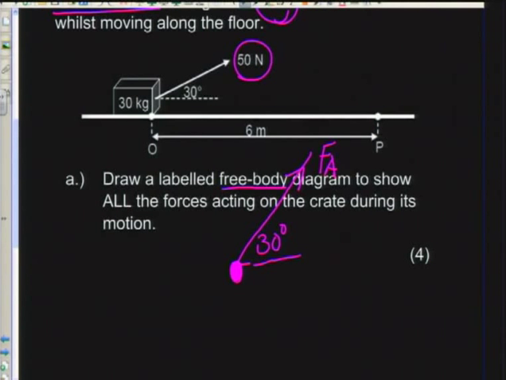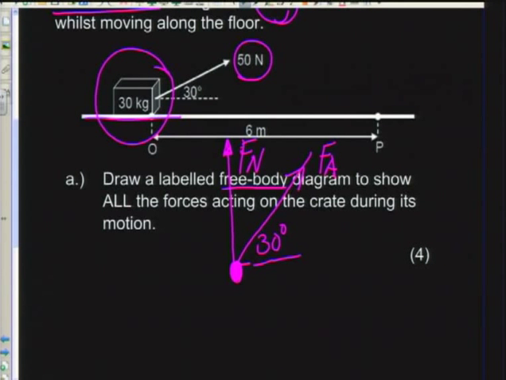Now, what we also know is that this crate is on a surface, and every object lying on a surface experiences a force called the normal force. This is a force acting on the object perpendicular to the surface where that object is. So this becomes what we call the normal force, Fn. All right.